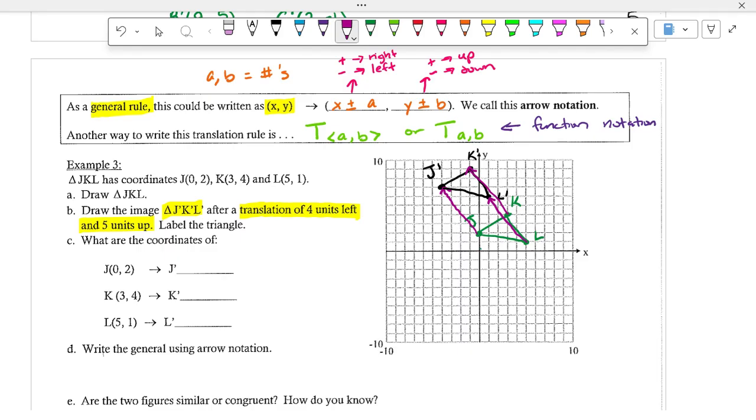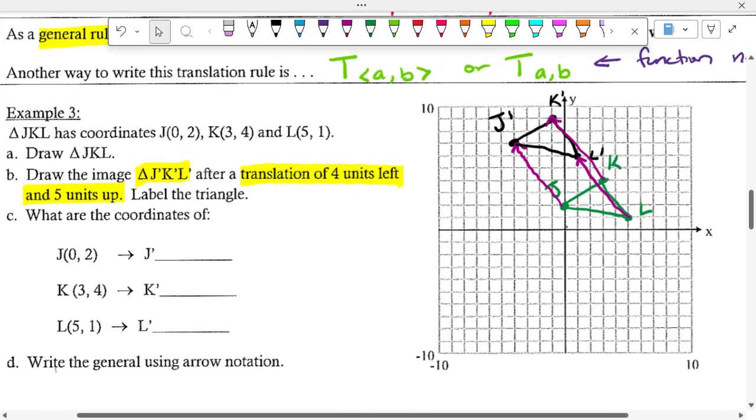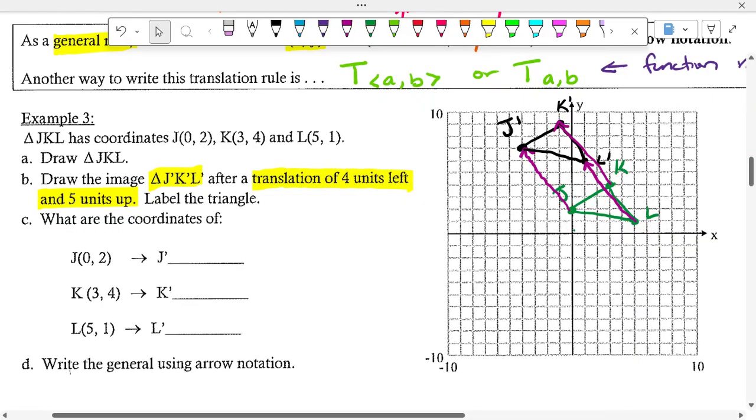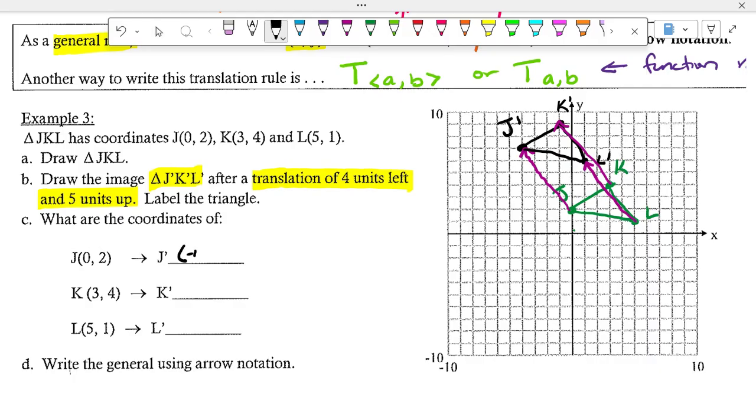Okay, so what are those new points? What's the new point for J prime? -4, +7. Good. Wait.